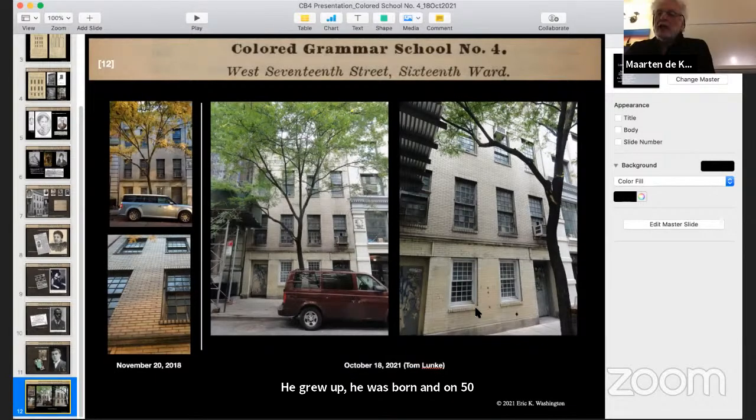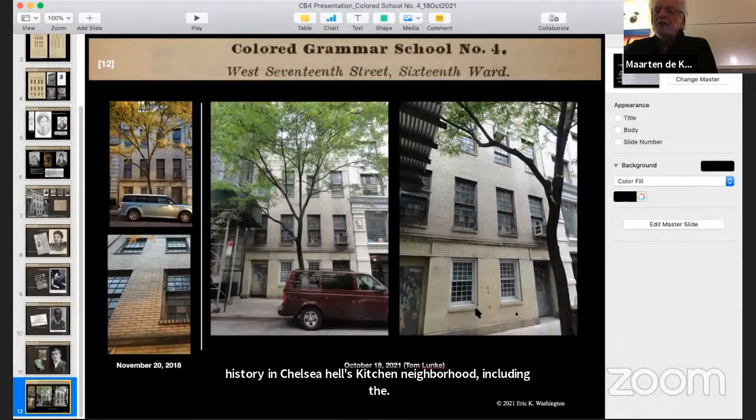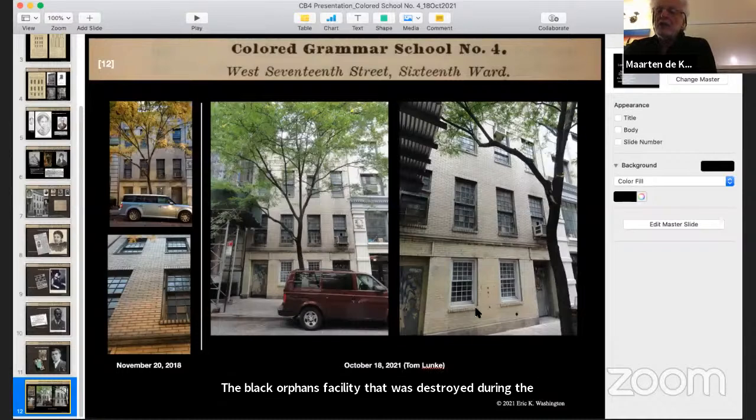Okay. I know that we have some landmarks that relate to Black history in the Chelsea Hell's Kitchen neighborhood, including the site on 29th Street, Underground Railroad, and not a specific site, but the Black orphans facility that was destroyed during the riots of 1863.